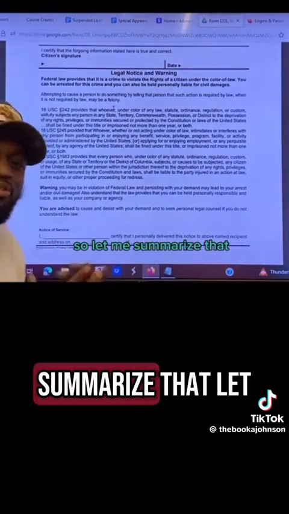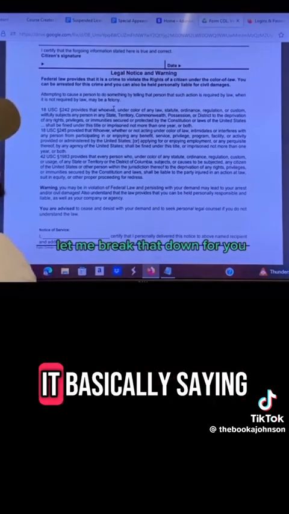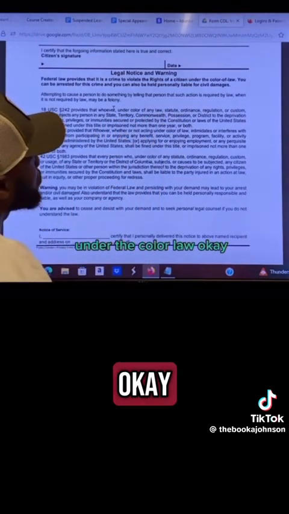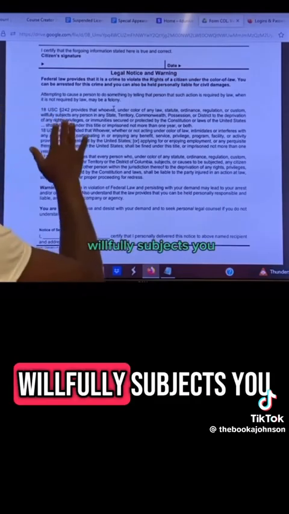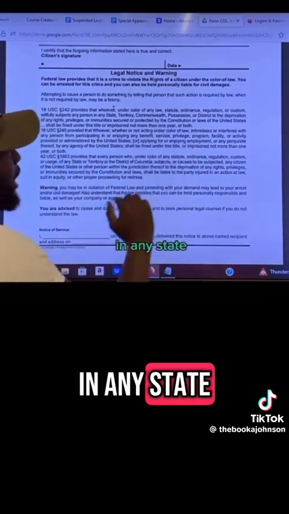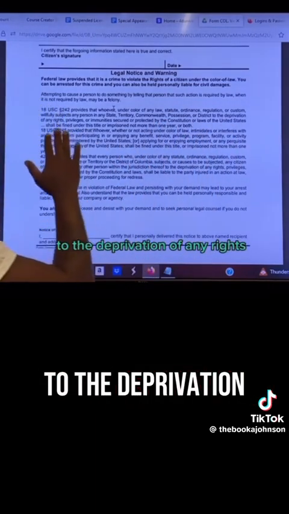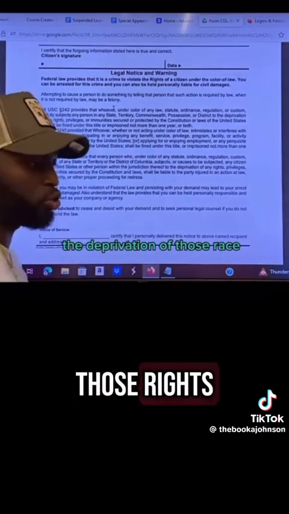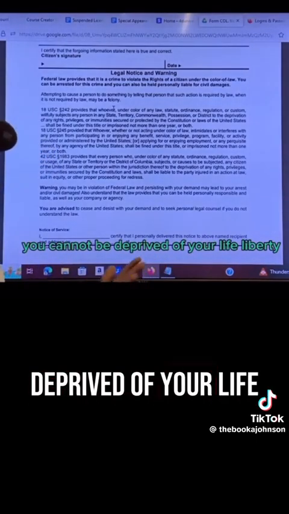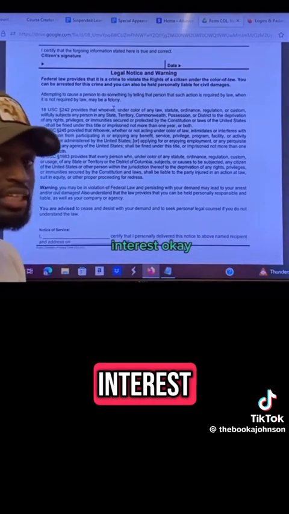So let me summarize that. Let me break that down for you. It's basically saying that whoever under the color of law, okay, willfully subjects you in any state to the deprivation of any rights. This is due process. We're talking about you cannot be deprived of your life, liberty, or property interests, okay?